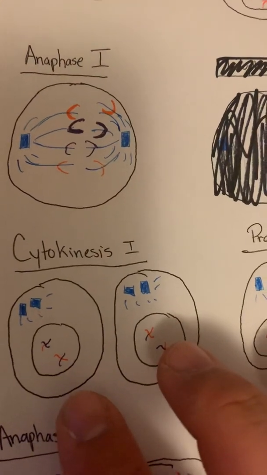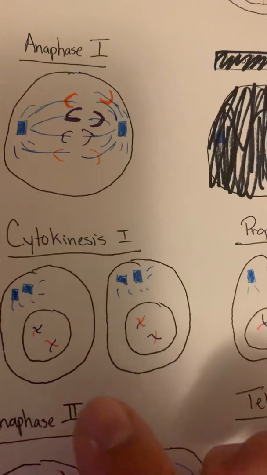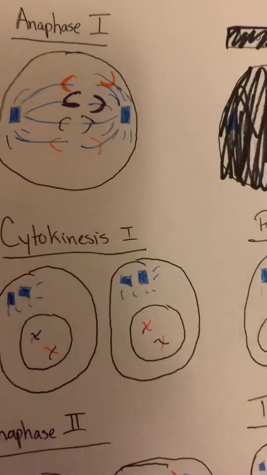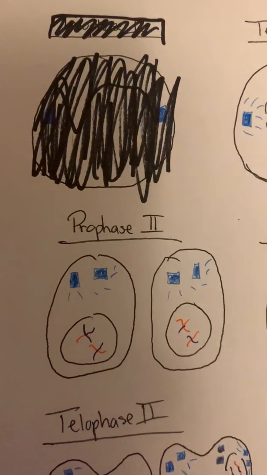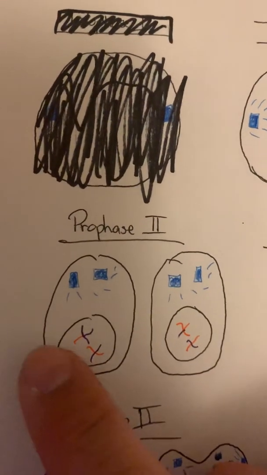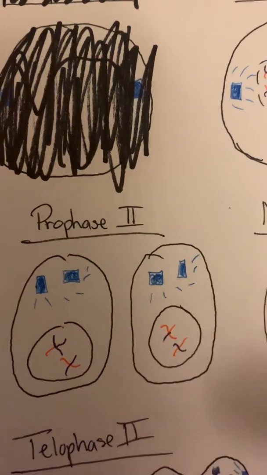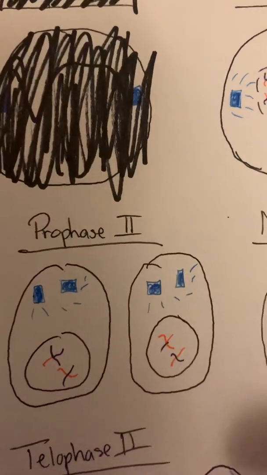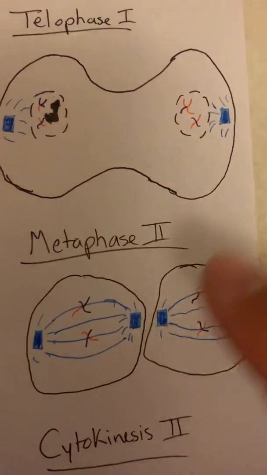Meiosis has a whole other cycle, whereas mitosis would have been done and it would have been identical, instead of these different chromosomes. So we move on to prophase 2, which is just like prophase 1, except now we have fewer chromosomes, since we're dividing it up into more daughter cells. We move over here to metaphase.